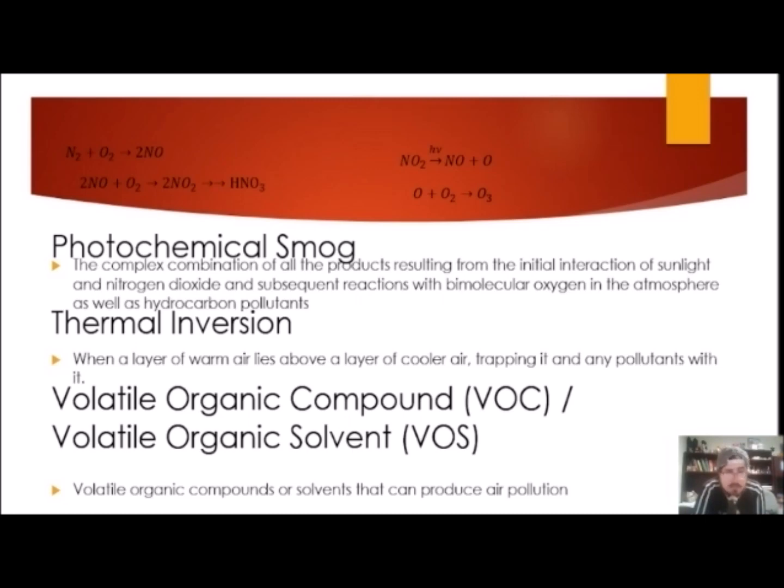This is our photochemical smog, which is just a complex combination of all the products resulting from the initial interaction of sunlight and nitrogen dioxide, and the subsequent reactions with molecular oxygen, as well as hydrocarbon pollutants. So all that smog is from our NO2s and our ozone and all the stuff that's not healthy to breathe in our atmosphere.